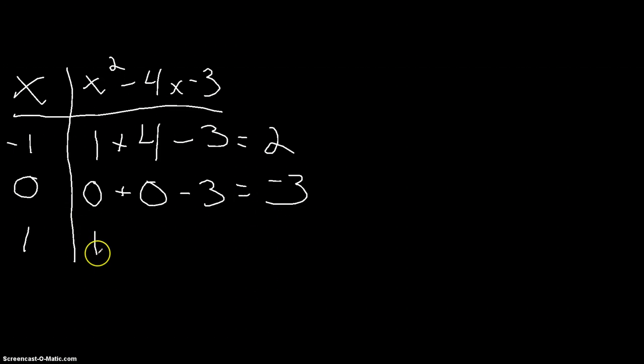And then 1 squared is 1. And then negative 4 times 1 is negative 4, minus 3. So this would be negative 3 minus 3, negative 6. So when x is negative 1, y is 2.